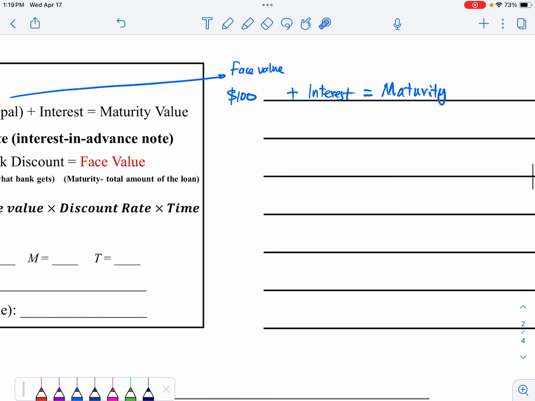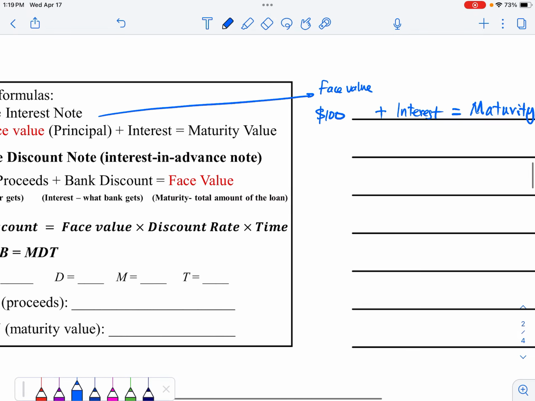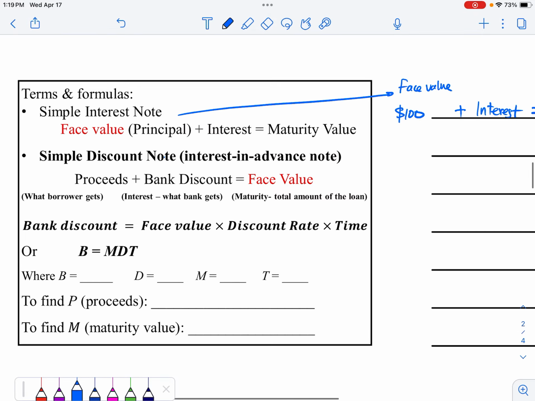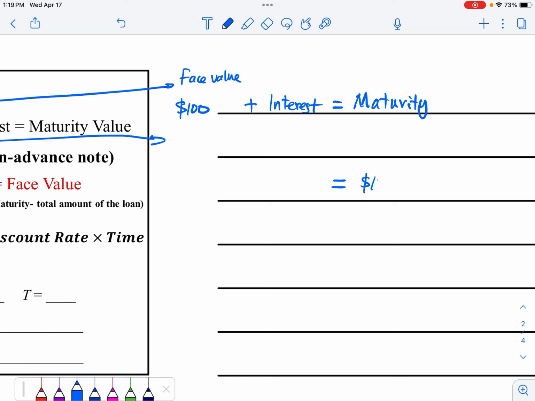So in a simple discount note scenario, suppose you borrow $100. So the $100 is actually the face value. And the bank won't give you $100. The bank will take away the interest first, so it will deduct the interest. Let's make a hypothetical number. Suppose the interest is $10.